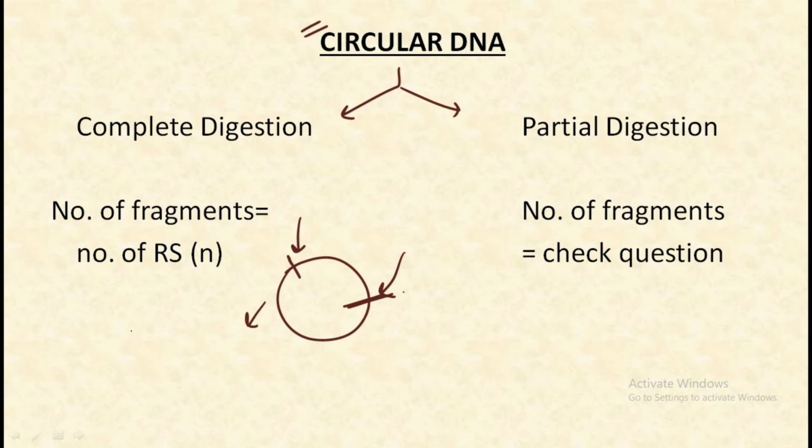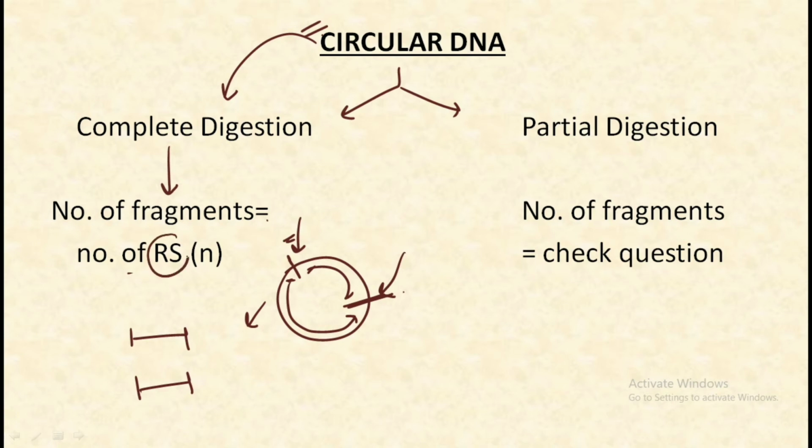As a result, there would be two fragments created, one smaller fragment and one bigger fragment depending upon the size of the fragment given. We have just taken an example in this case. So in case of circular DNA, if there occurs complete digestion, the number of fragments is equal to the number of restriction sites, that is equal to n.